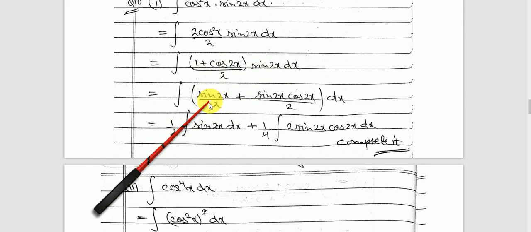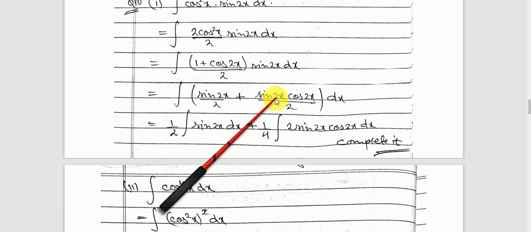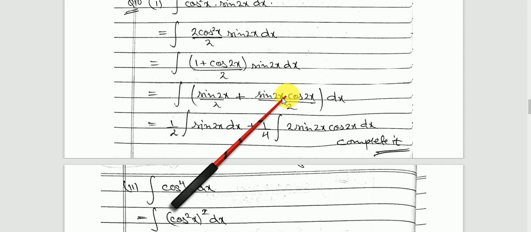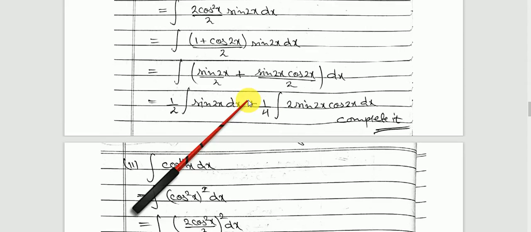Write them separately. So sine 2x upon 2, I know the integration of sine 2x, and here I get sine 2x into cos 2x upon 2, but I don't know the integration of this. So what we can do is multiply by 2 over here and divide by 2, so the numerator will become sine 2 into 2x.